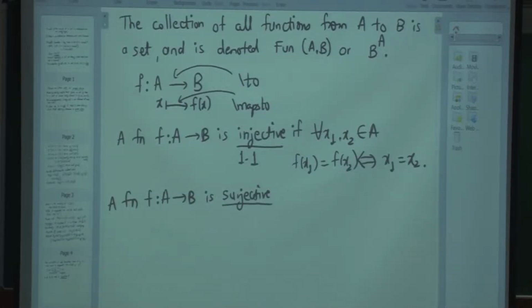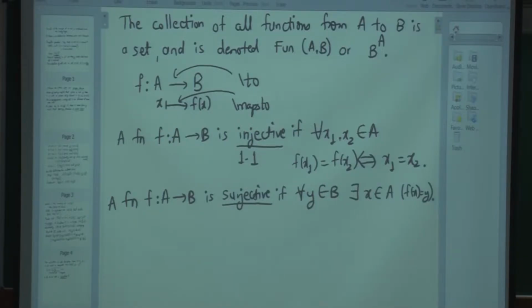Okay. So a function f is surjective if what happens? Somebody from the back, nobody speaking there. You don't know what a surjective function is? For all y in B, there exists an x in A such that f(x) is equal to y.